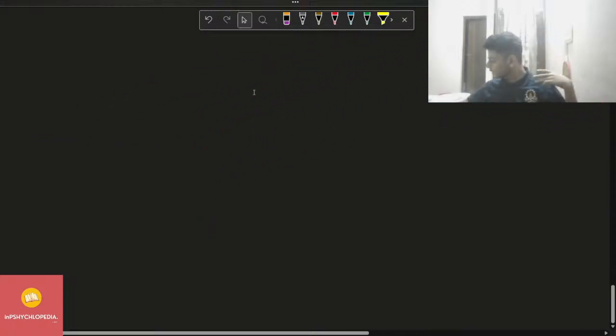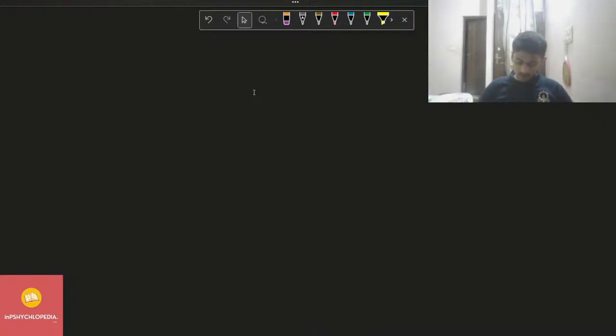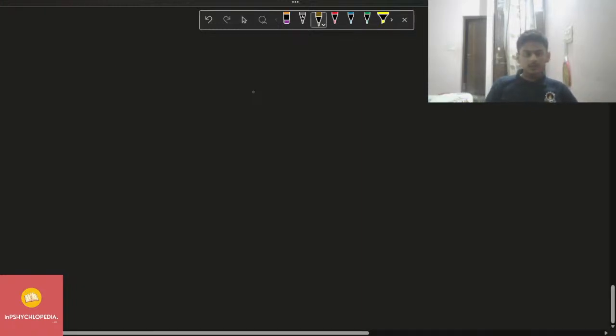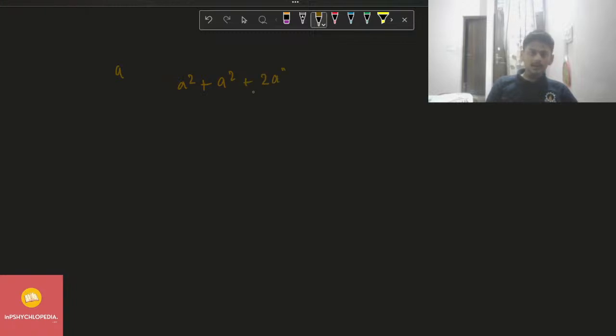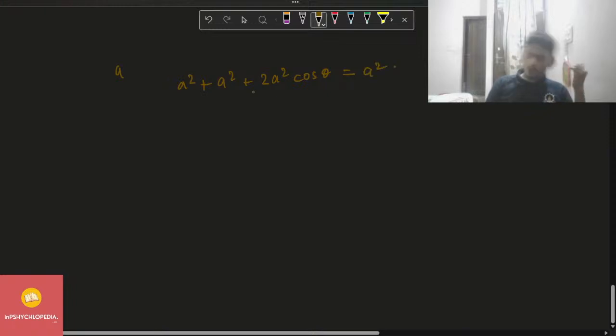So there were some questions which you can try on your own. If two vectors are of equal magnitude and the resultant is also of that same magnitude, then find the angle between the vectors. Let us say the magnitude of the vector is a, then a square plus a square plus 2 a square cos theta is equal to the resultant square, which is a square only.